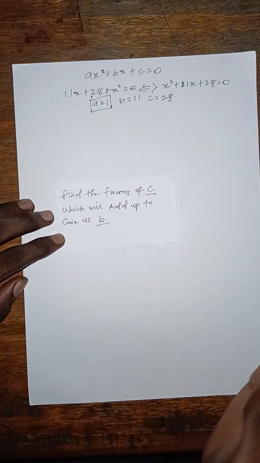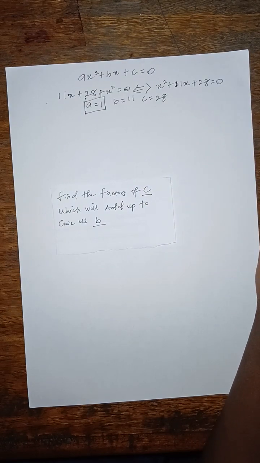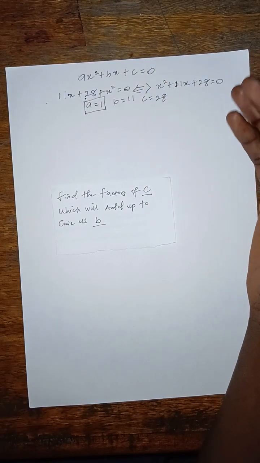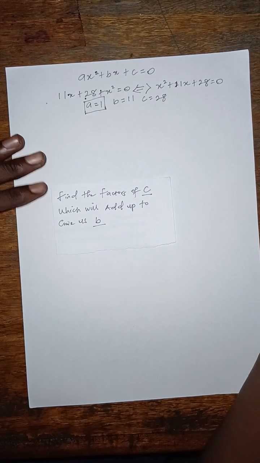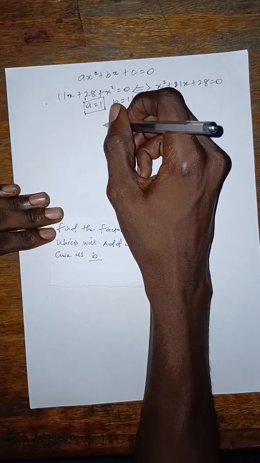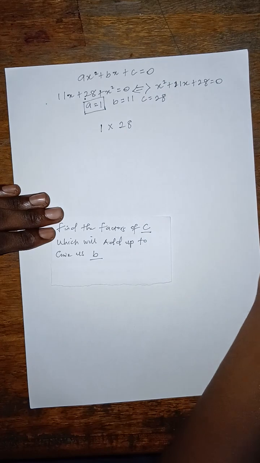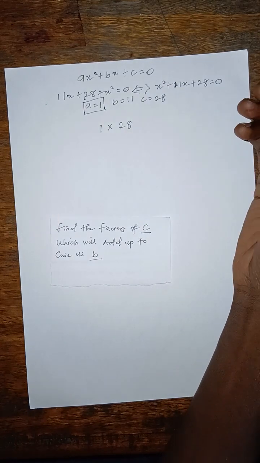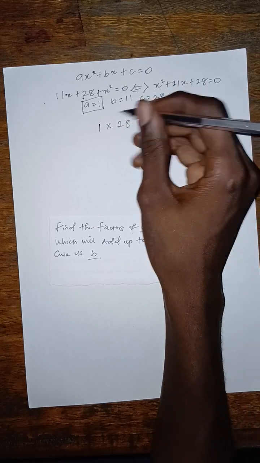Find factors of c. What I mean by factors, numbers that can multiply, still in that same instance, which will add up to give us b. So let's just start from 1. Starting from 1, we have 1 times 28 gives us 28, right? Then 2 times what gives us 28? That will be just dividing by 2.